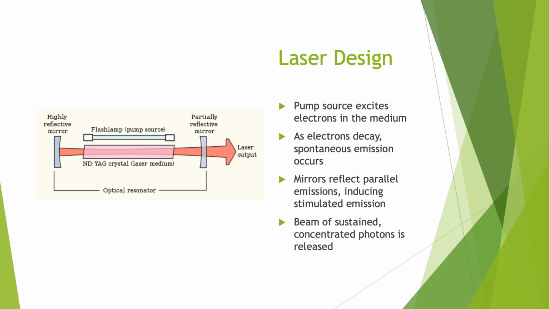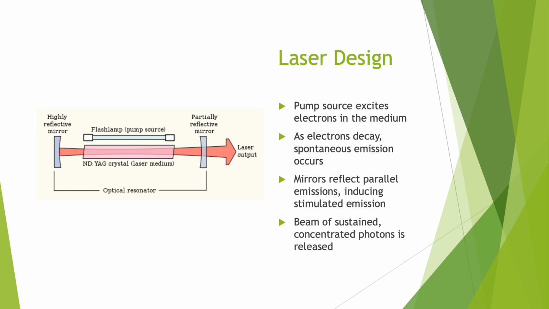But every once in a while, you're going to have a photon that is emitted in parallel with that medium. So then, as it moves through the medium, it will then cause the stimulated emission of more and more photons, with so many of them being in that excited state from the pump source. And as they move in that parallel plane, you can see that we've got mirrors on either side.